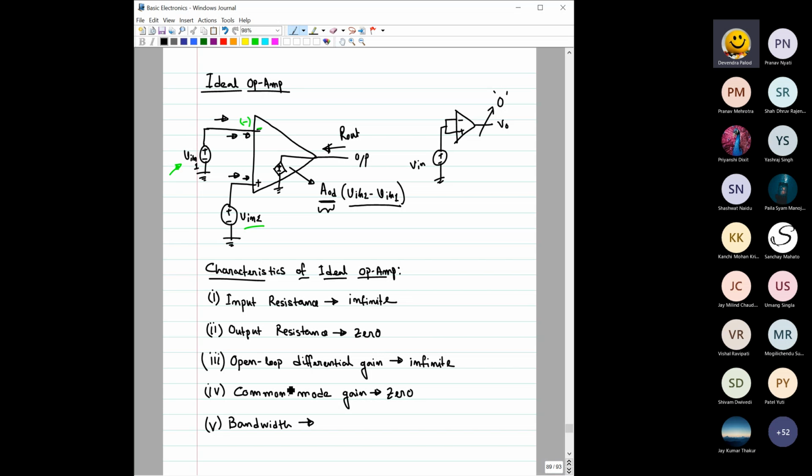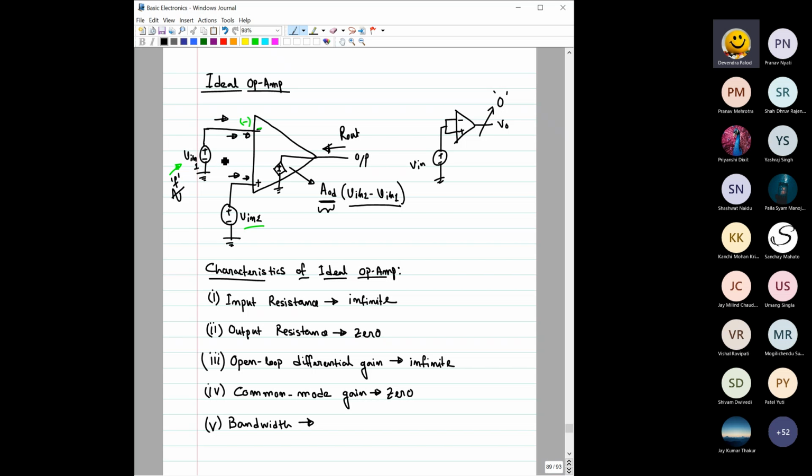Differential gain is infinite. Now, about bandwidth: as I mentioned, this signal may be a DC signal or an AC signal. This op-amp works for both AC as well as DC input signals. When you say AC signal, there is a term called frequency attached.